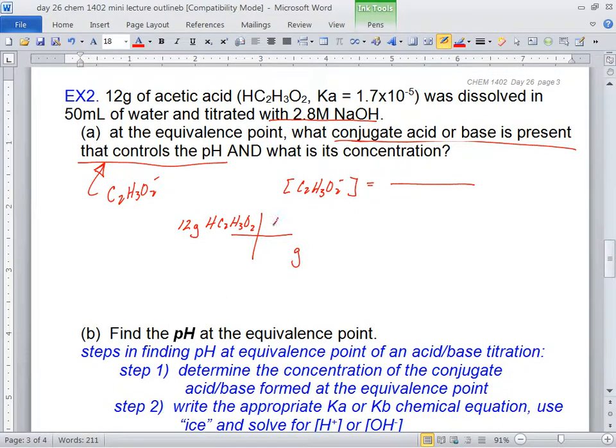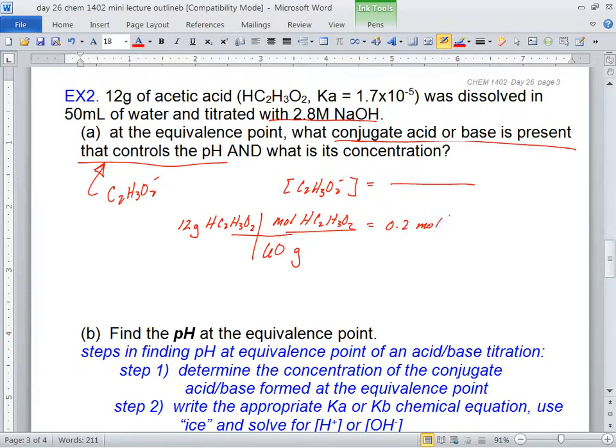It's 60, isn't it? Oh, yes. One's a big deal. 60. All right. Isn't that how we go from grams to moles? Okay. Let's see what I got there. 12 over 60 is 1/5. That's just 0.2, isn't it?